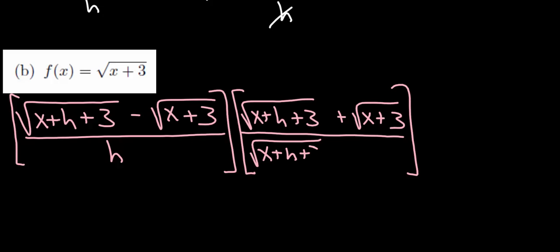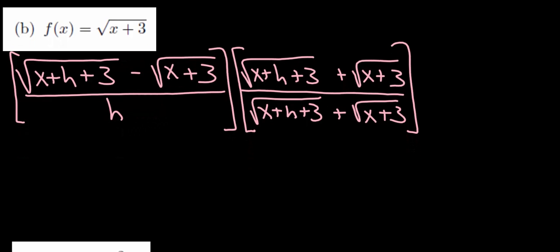Remember, you got to do it to both, because then it's just like multiplying by 1. Now, the reason we did that is because a minus b times a plus b is a squared minus b squared. So what happens is these radicals, we get rid of them.